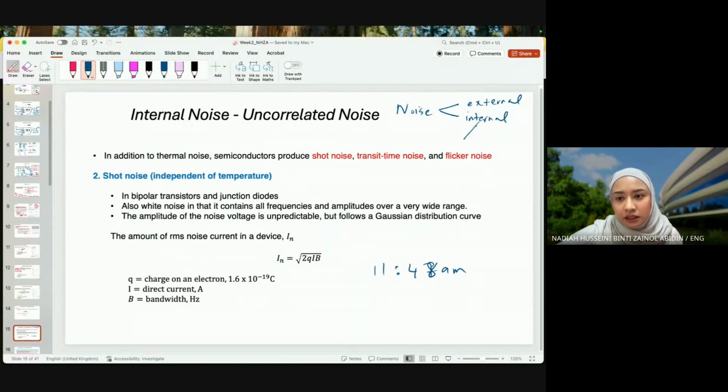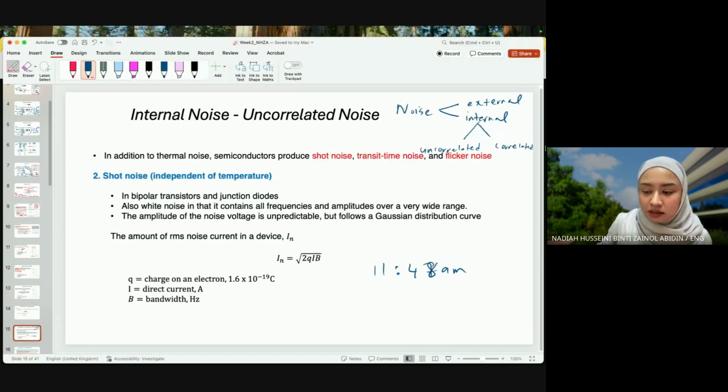And then under internal, we have uncorrelated, which I cannot spell, and correlated. The one that we discussed, which was thermal noise, from a basic component in the circuit, is uncorrelated noise. Thermal noise is uncorrelated noise.